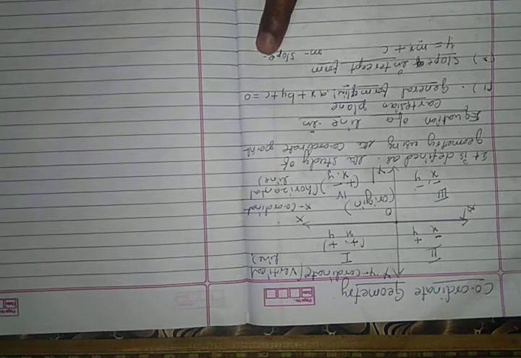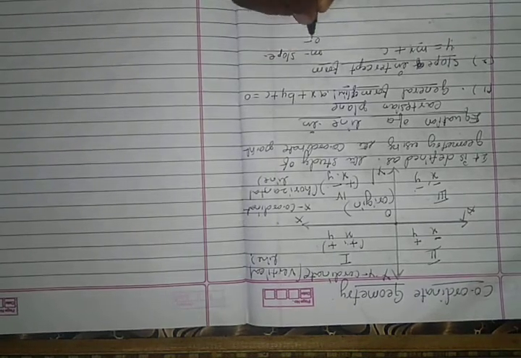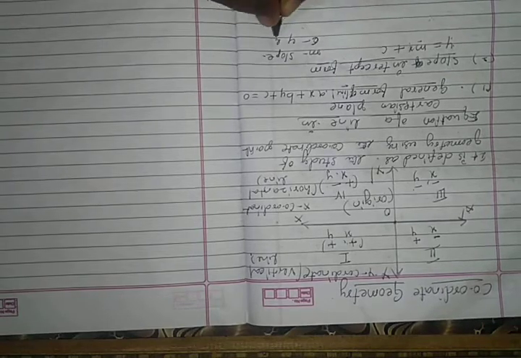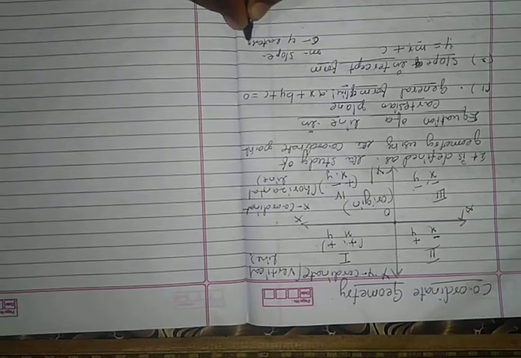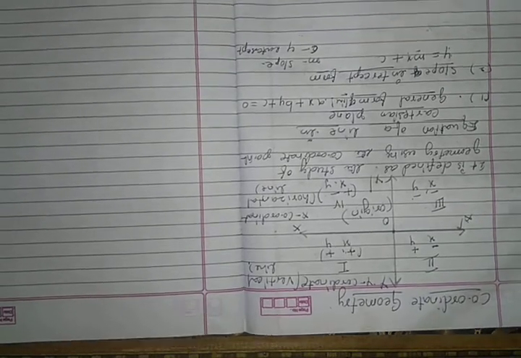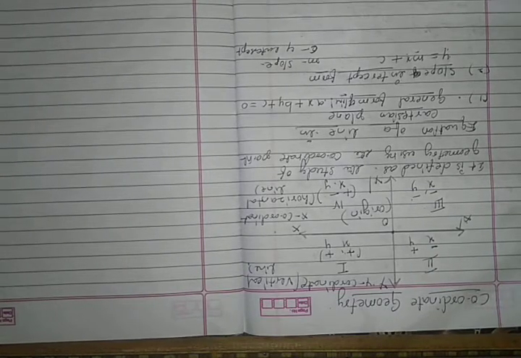So m is the slope of the line and c is the y intercept. So this is the slope intercept form.